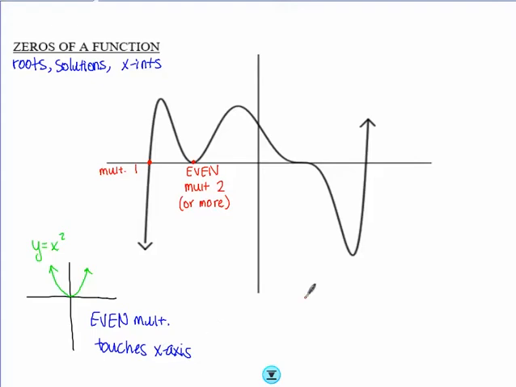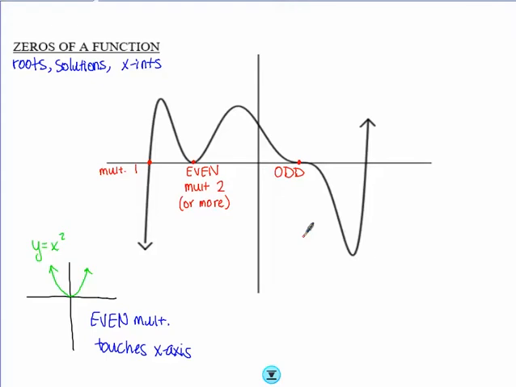If we look at the next zero here, the graph kind of curves through the x-axis. It does cross the x-axis, but it's not in a straight line like this first zero. So this zero definitely has an odd multiplicity because it goes through the x-axis. It crosses the x-axis.